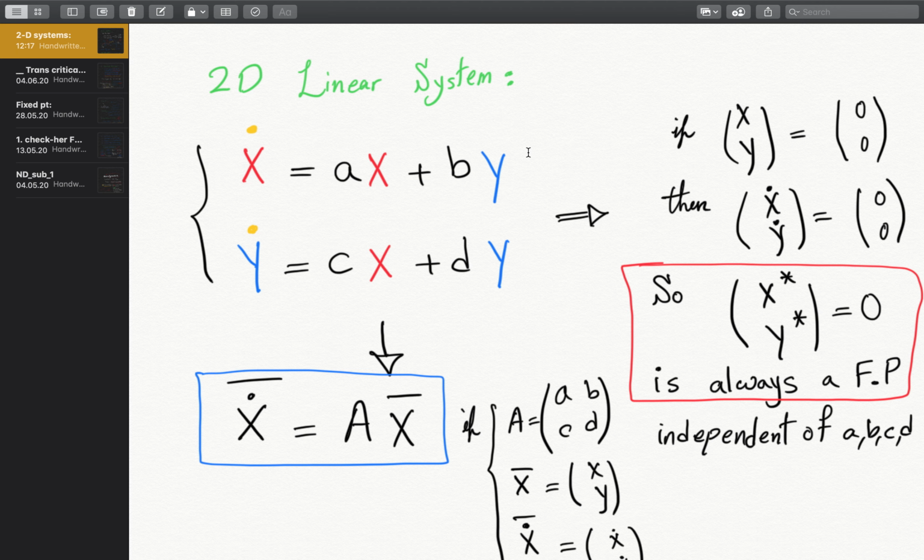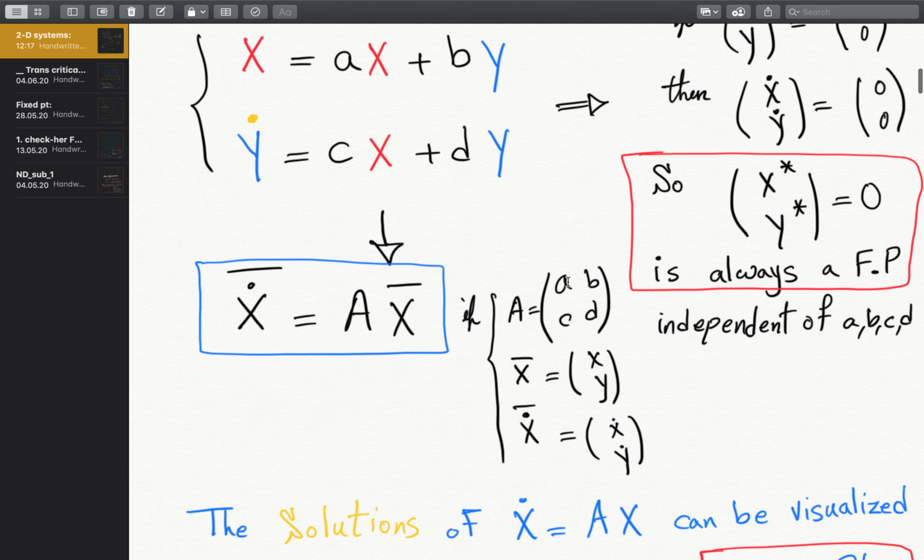But if all of them are zero, then x dot is zero, so there is no change. It is a point which is fixed forever, therefore we call it a fixed point. So x dot and y dot will be 0 and 0, therefore this fixed point always exists. It doesn't matter what the amounts of A, B, C, and D are.